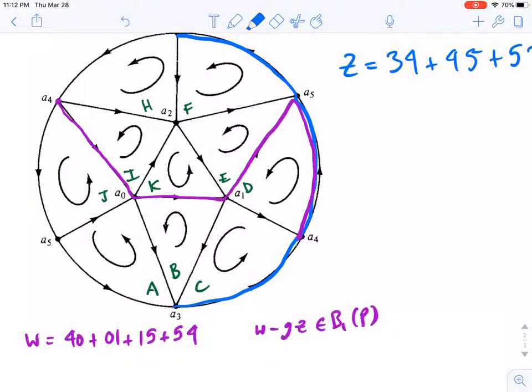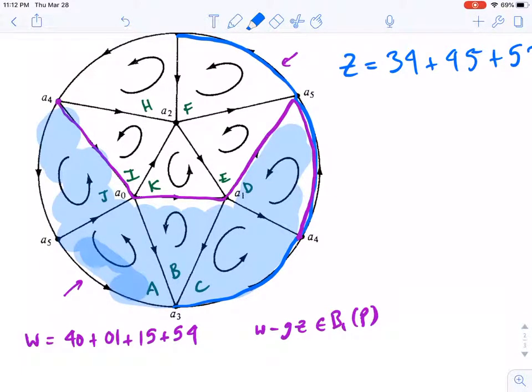Actually, we don't have to use the blue up here. We could make a blue part on the other side over here, which is actually what we'll do. So what I'm going to do is fill in all this stuff.